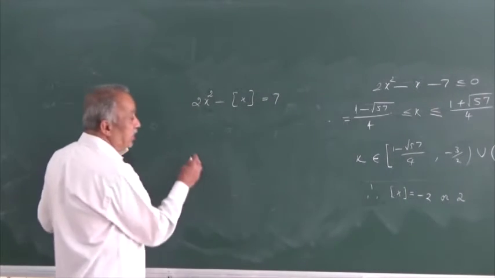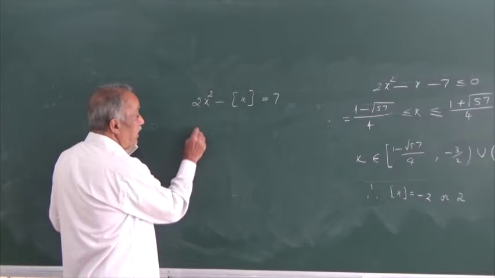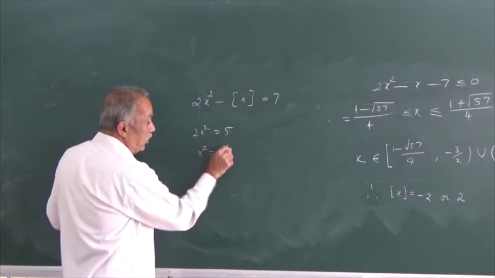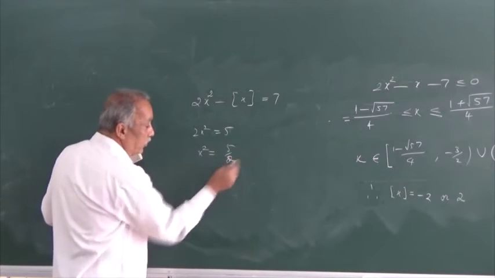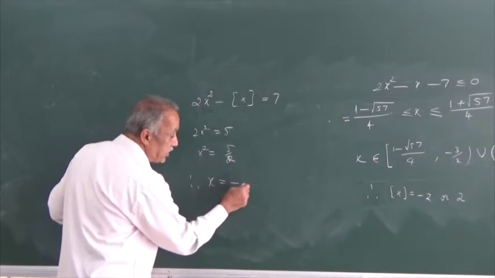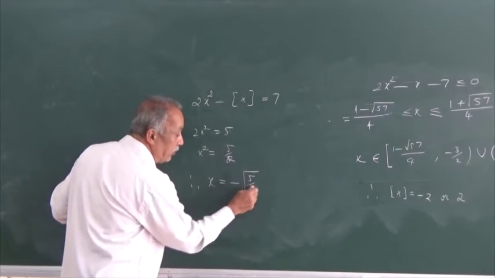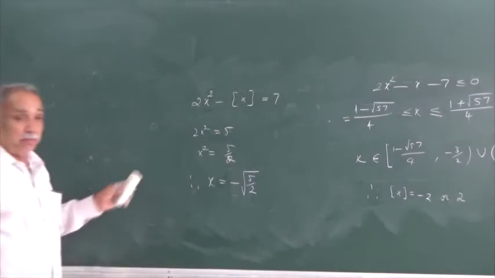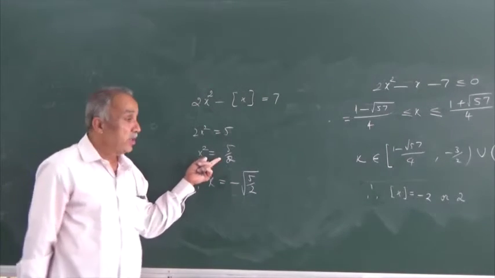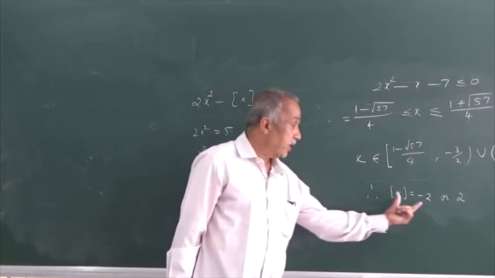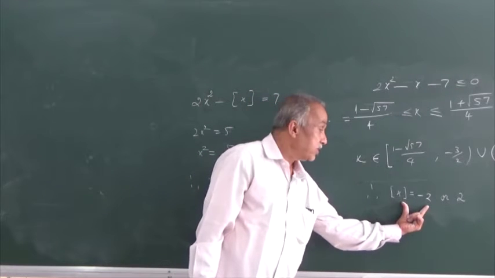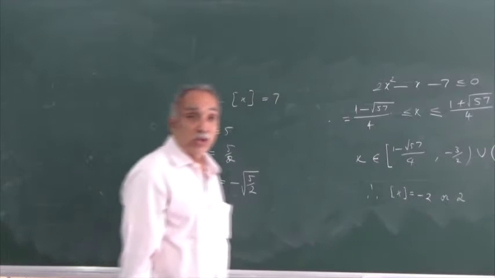If the integer part of x is minus 2, my equation implies 2x square equal to 5, x square equal to 5 by 2. Therefore, one possible value for x will be minus square root of 5 by 2. Why only minus square root of 5 by 2? Even though the number has two square roots, I can't accept the positive square root, because I have obtained the equation using this assumption, integer part equal to minus 2.